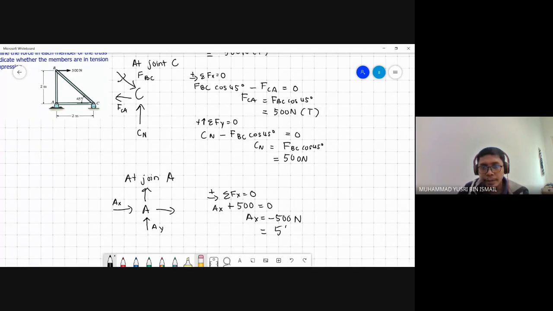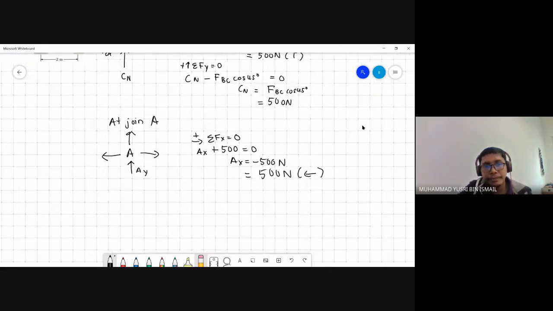So 500 Newton is to the left. Correct it according to your calculation, not based on your assumption. So you have 500 Newton to the left.